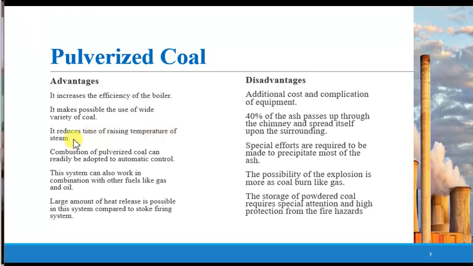For example, when there is variation in the load or a plant is going to start, it takes time, so this reduction in the time of raising temperature is helping in that sense.